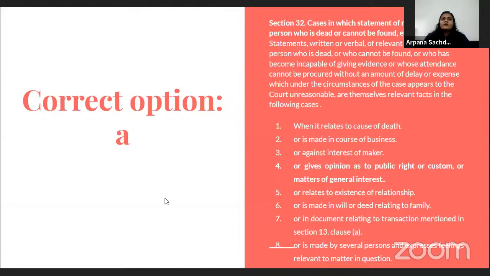So here Section 32 deals with cases in which a statement of relevant fact by a person who is dead or cannot be found is relevant.